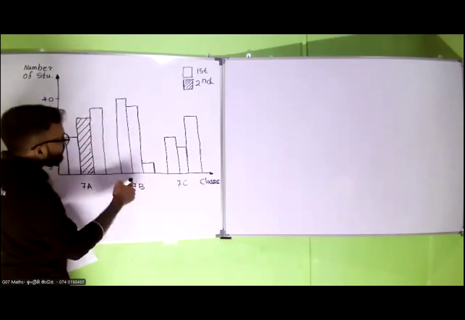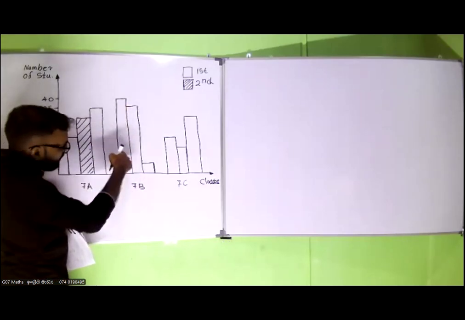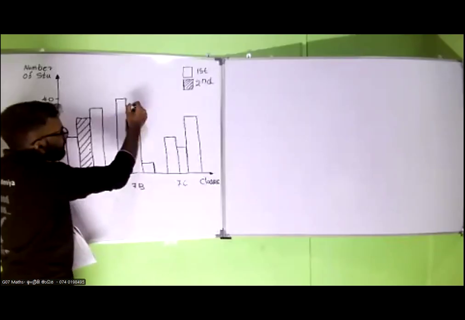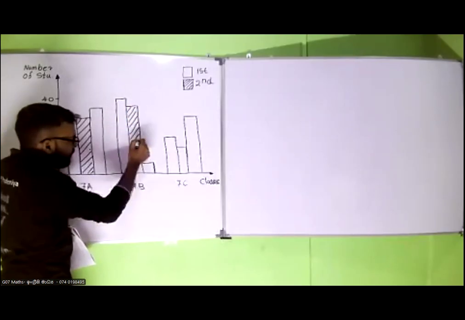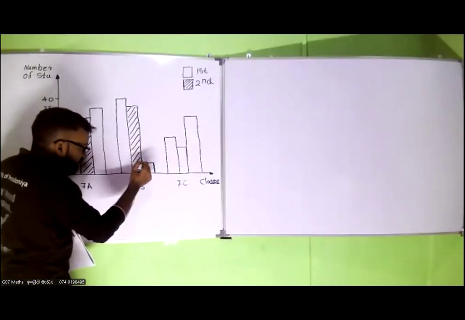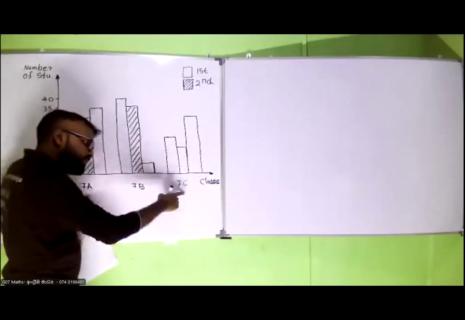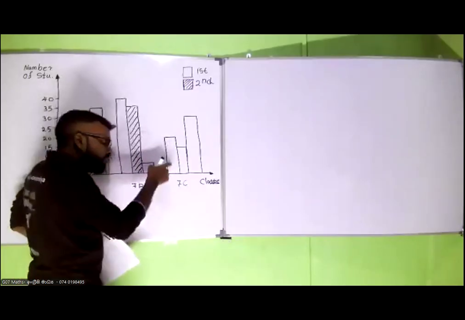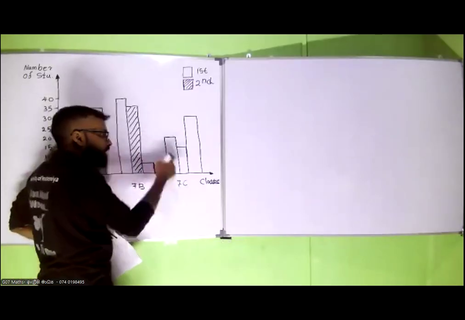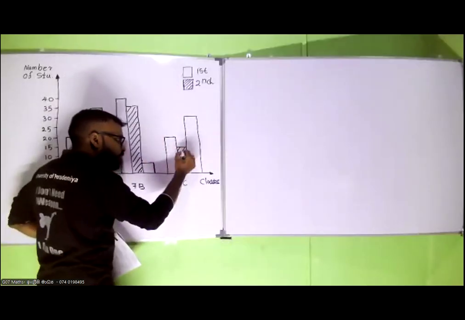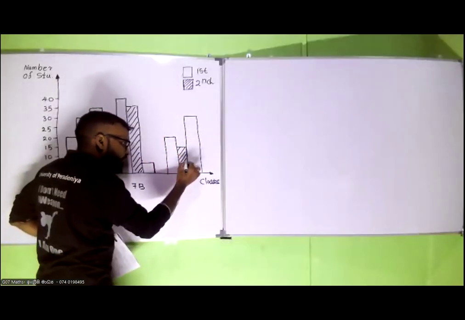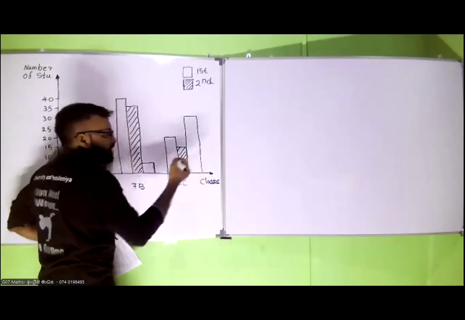And 7B also, first week is empty, second week I have to draw this kind of strikes. And 7C also, first week is an empty bar. Second week, we have to draw this kind of diagonal strikes.